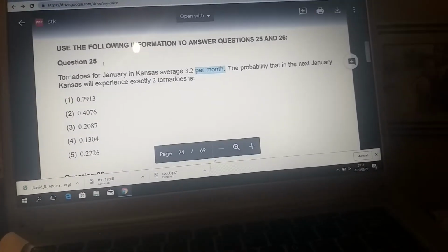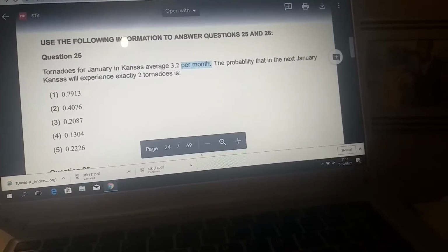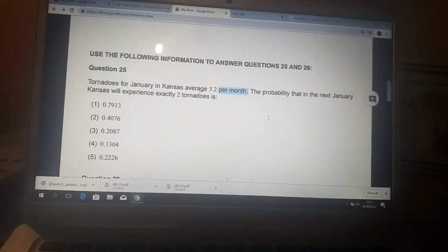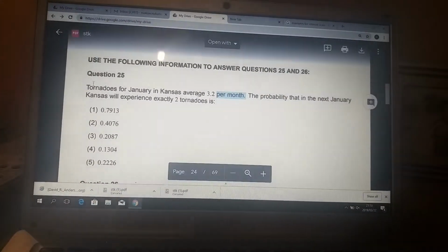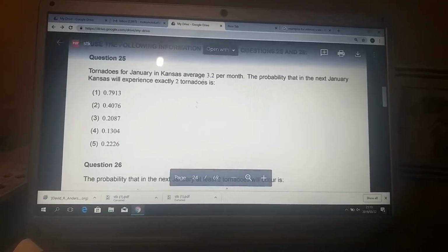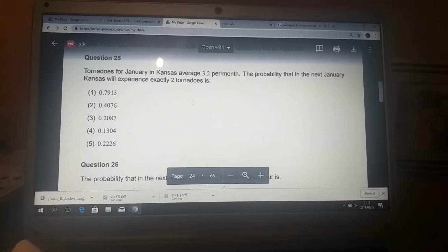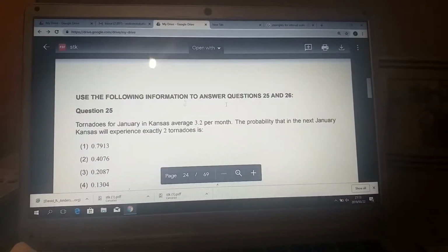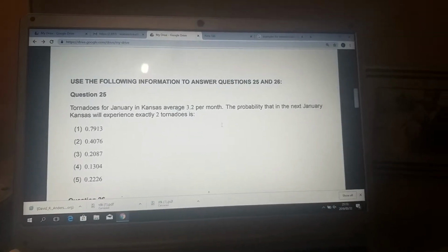So when you read a question that has to do with a certain time interval, then you know it's probably going to be a Poisson distribution. Here they said the tornadoes for January in Kansas average 3.2 per month, so you know that it's a Poisson distribution.